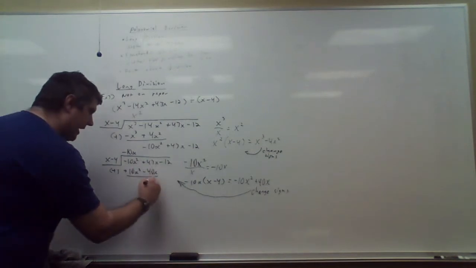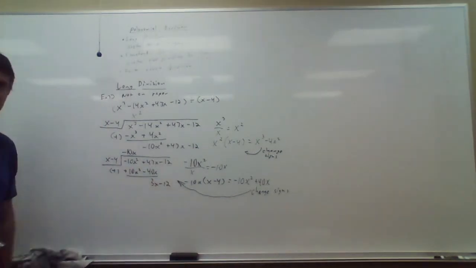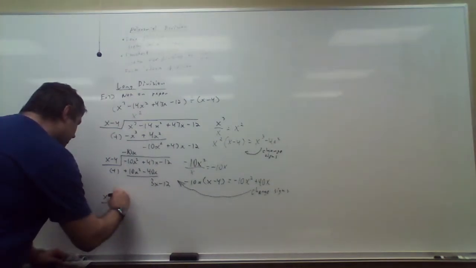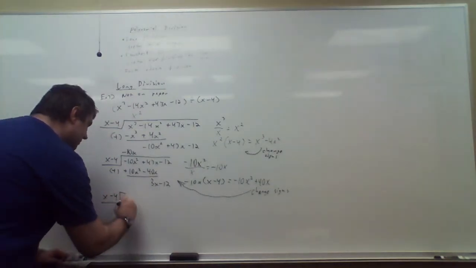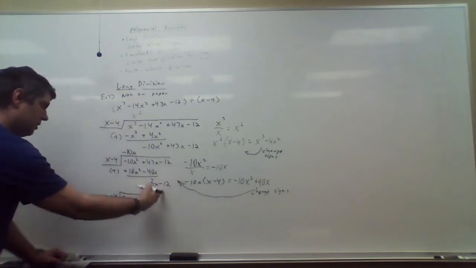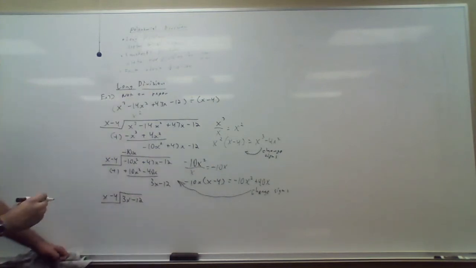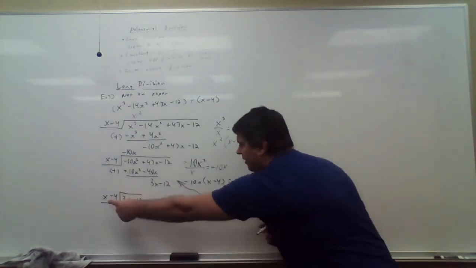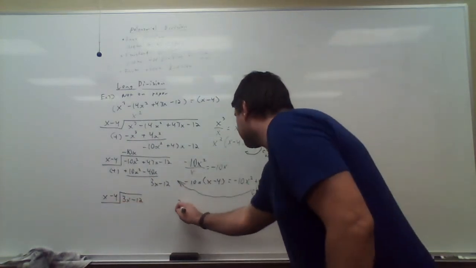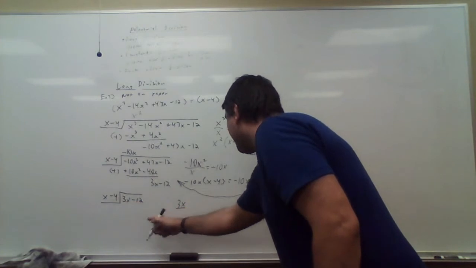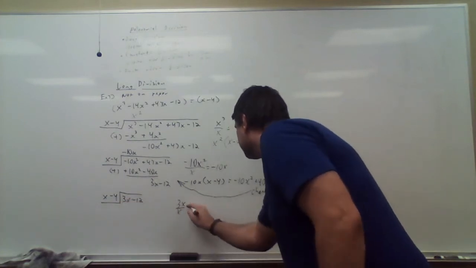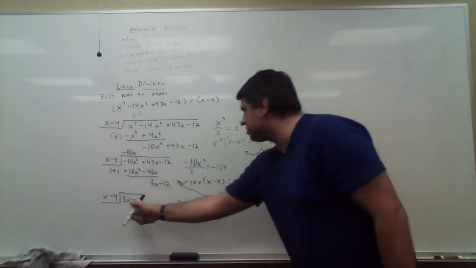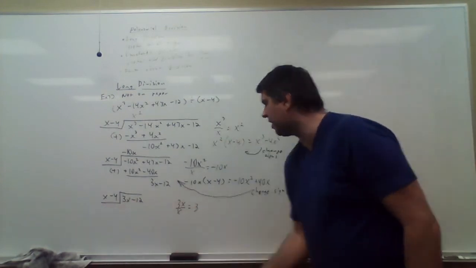And that leaves me 3x minus 12. My next order of business is a new division box where I divide this by the original divisor. Okay? Divide the first term by the first term. So 3x divided by x is just 3.